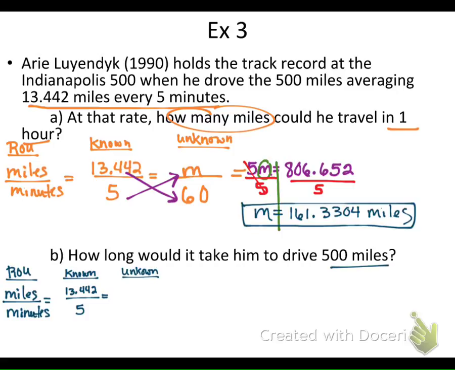So where would the 500 go? Top or bottom? Okay. So what am I trying to find out? How long it would take him. How many minutes? The variable, it doesn't matter what variable you put in place of it. Since I'm talking about minutes, I'm just going to put M. You can use X, you can use Y, whichever variable you want to. I usually try to use the first letter of the word I'm talking about though.